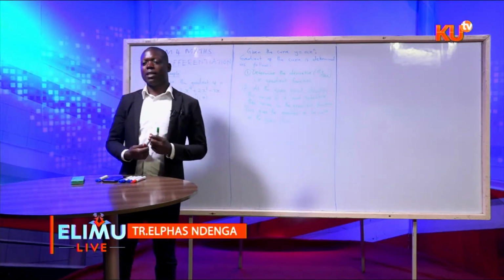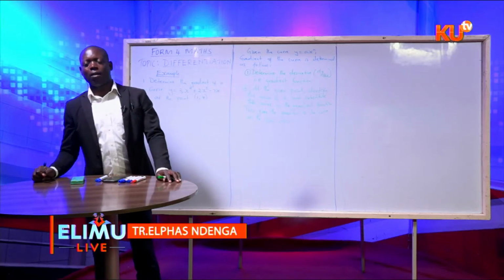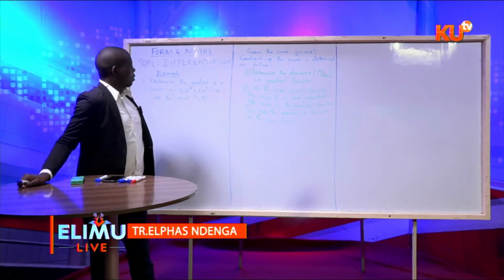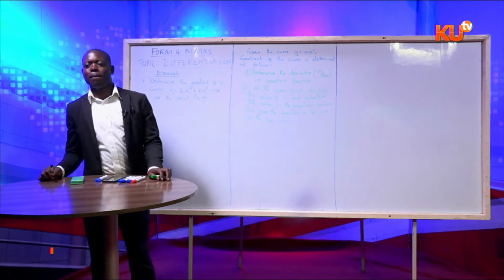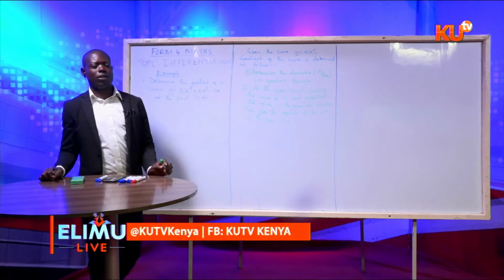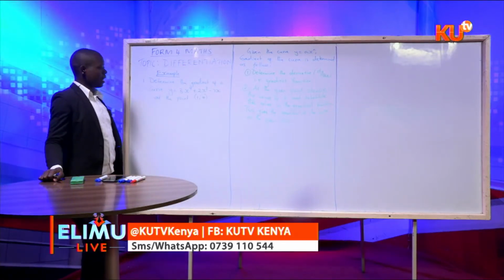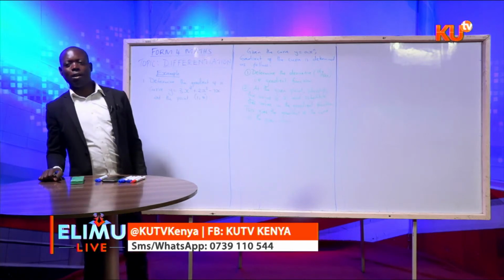We determine the gradient of the curve y is equal to 3x power 4 plus 2x cubed less 7x at the point 1, 4.